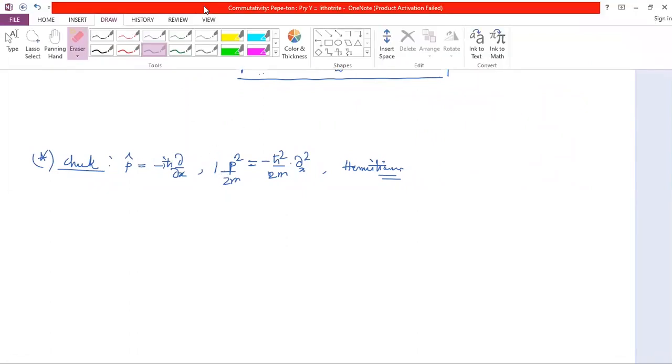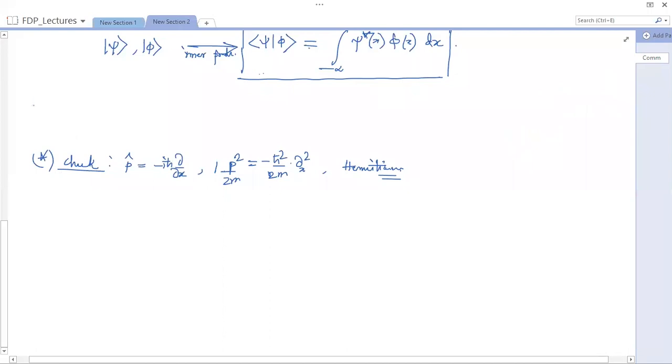So a Hermitian operator is, if you take the inner product of psi with H acting on phi, this is a state, and you are taking the inner product.